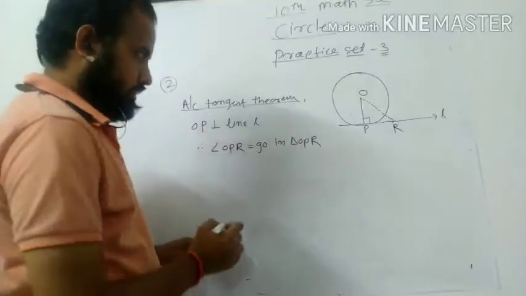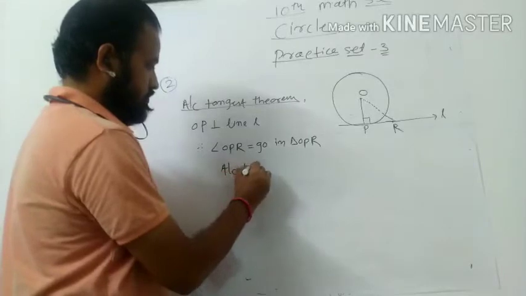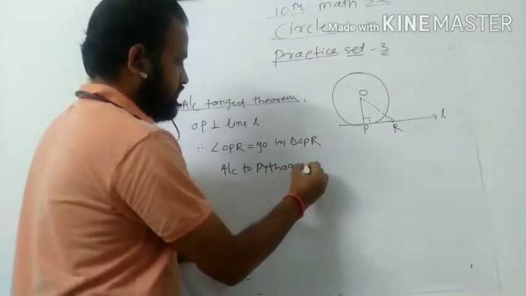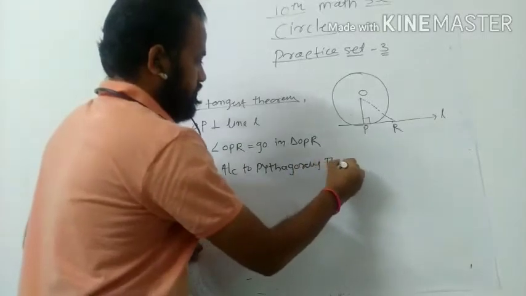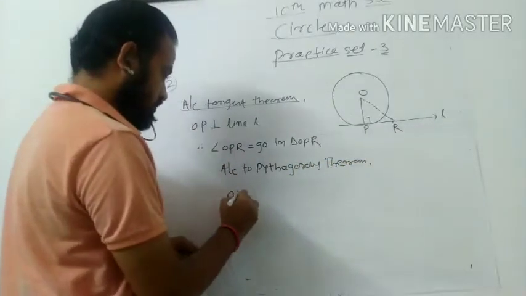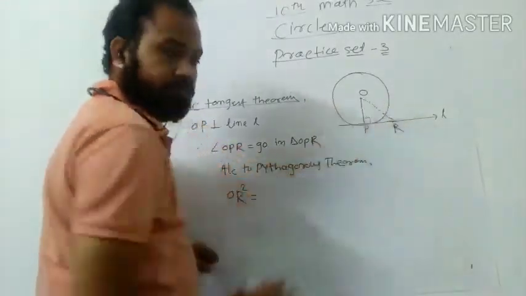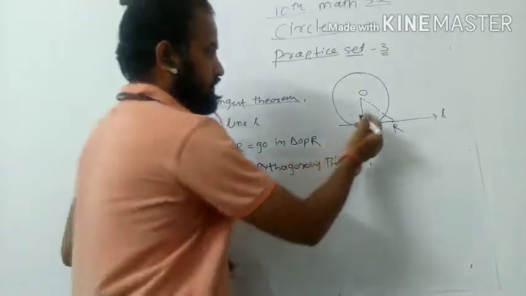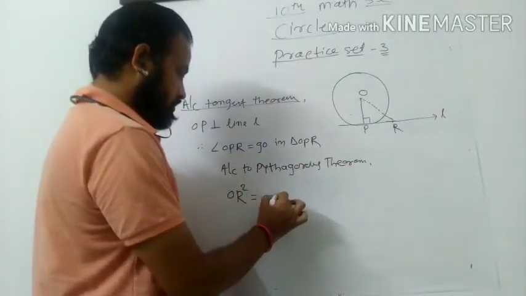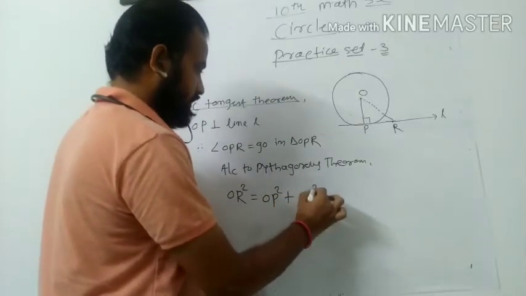According to Pythagoras theorem, I can write OR square equals, this is your hypotenuse because this is a 90-degree angle, hypotenuse square equals the sum of squares of the other two sides, that is OP square plus PR square.